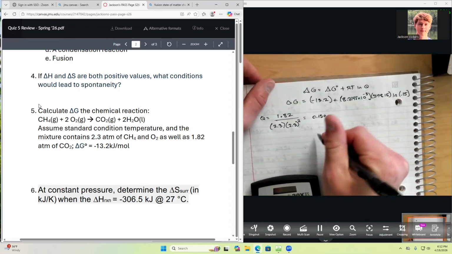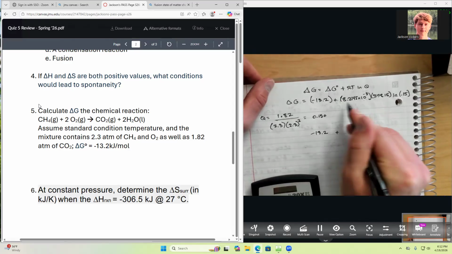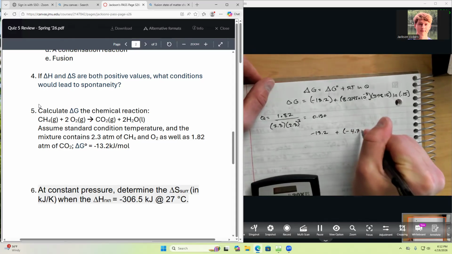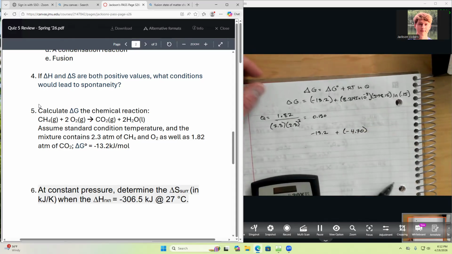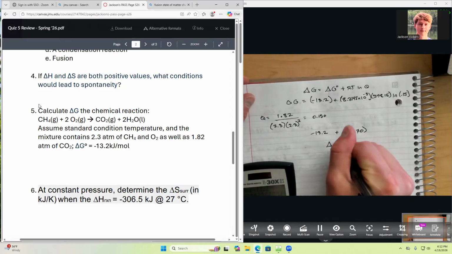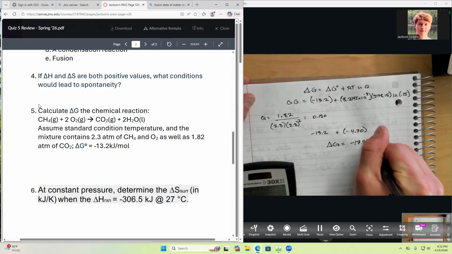So it's negative 13.2 plus, once I did all this, I got negative 4.70. So overall, our answer is the non-standard delta G is negative 17.9.